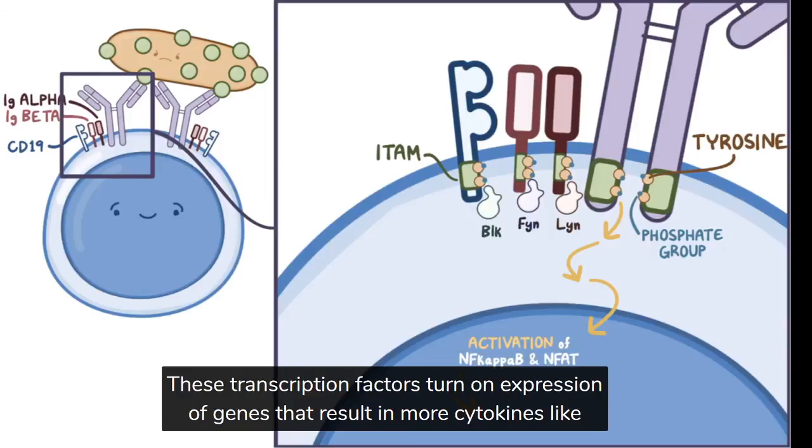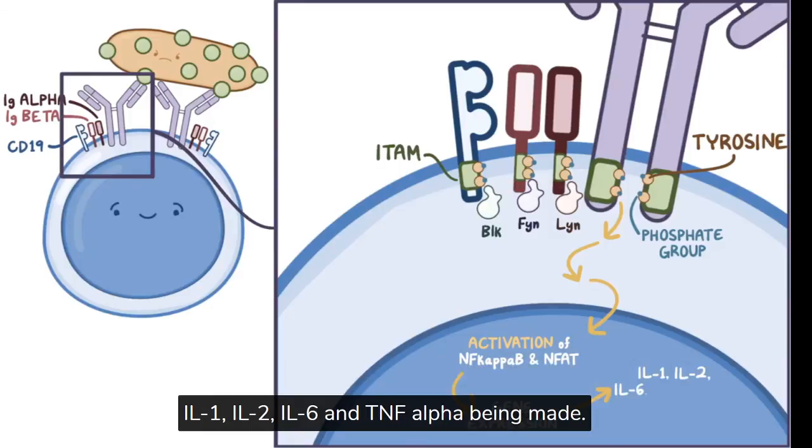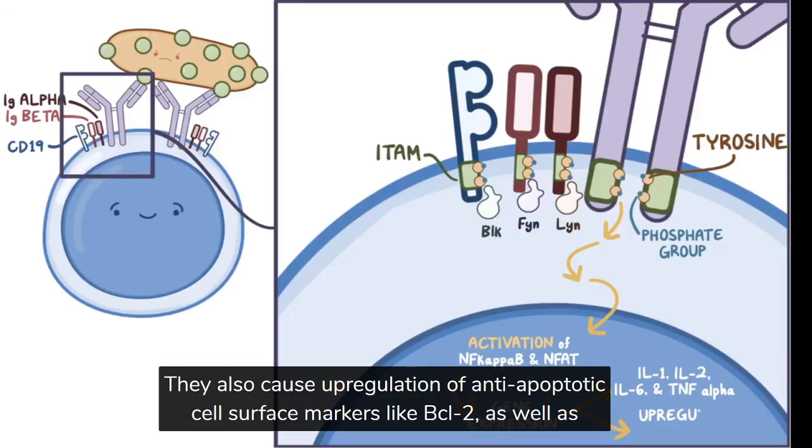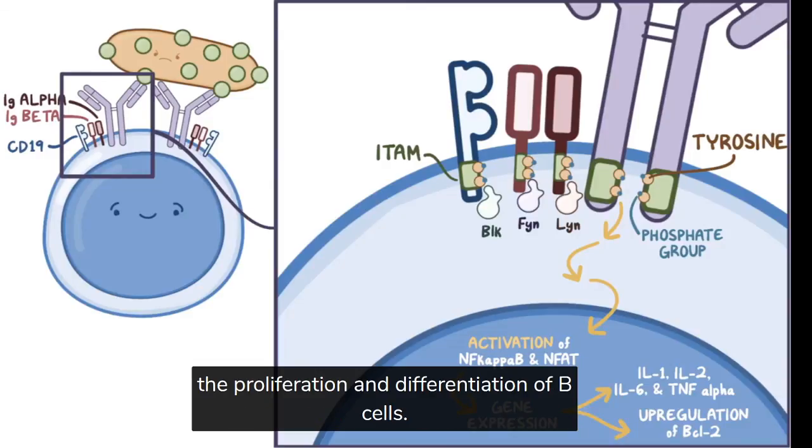These transcription factors turn on the expression that result in more cytokines, like interleukin-1, interleukin-2, interleukin-6, and tumor necrosis factor alpha. They also cause upregulation of anti-apoptotic cell surface markers, like BCL2, as well as the proliferation and differentiation of B cells.